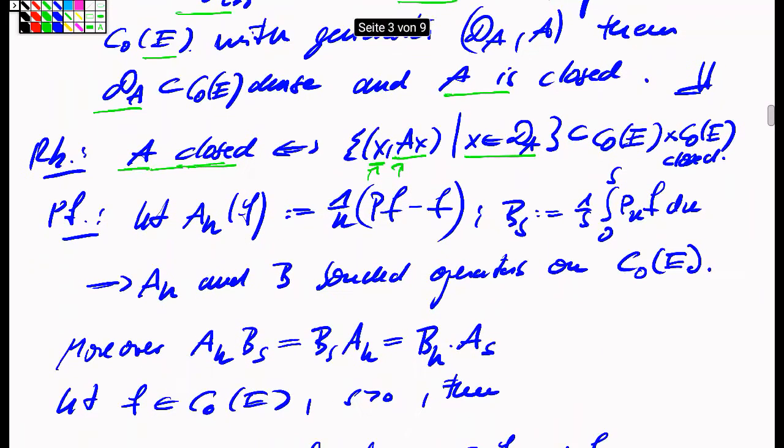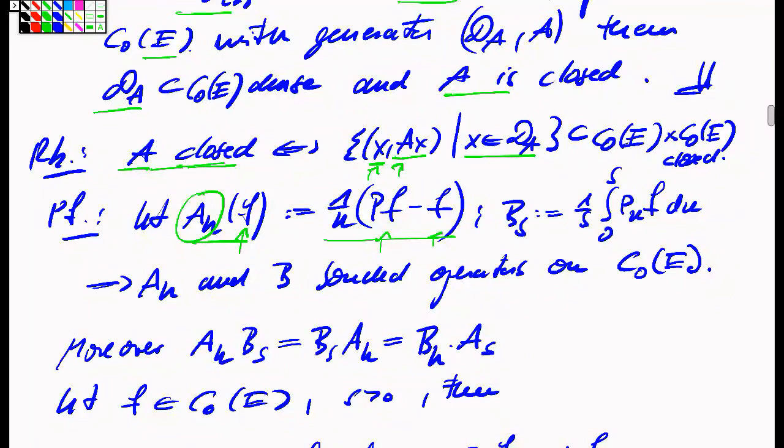In order to show this, we introduce two operators that we shall use below, also in other arguments, namely the A_h operator. A_h acting on a function f is this difference quotient approximation with parameter h of the actual operator itself. And note that this operator A_h is a bounded operator which can be applied to any function f.